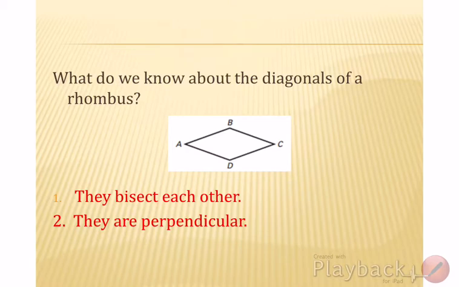What do we know about the diagonals of this rhombus? Well, for one thing, they bisect each other. And the other thing about diagonals in a rhombus is that they're perpendicular. So we'll just draw this out.